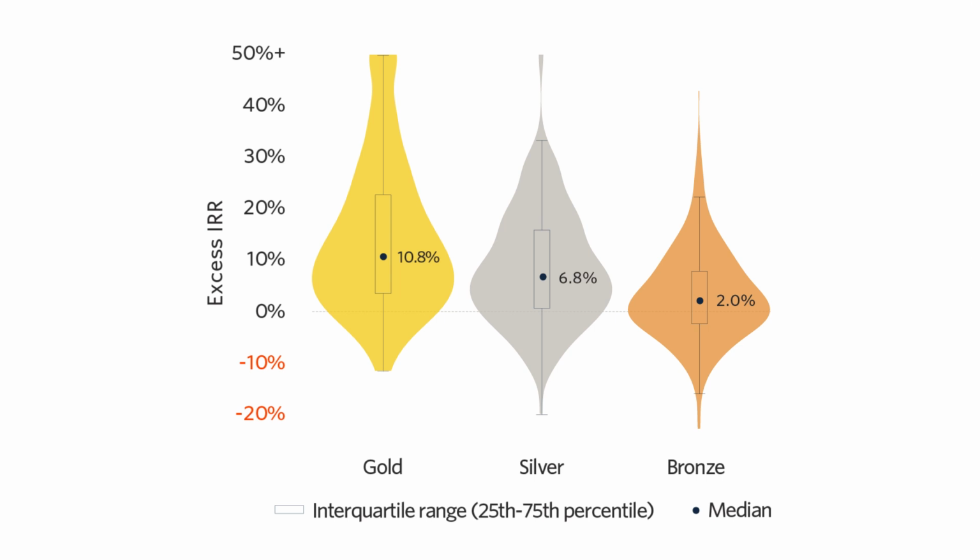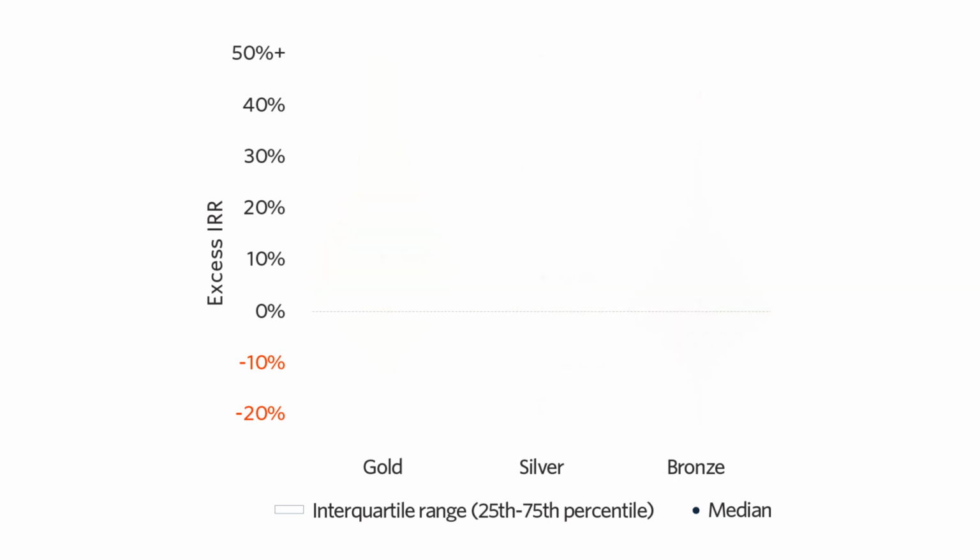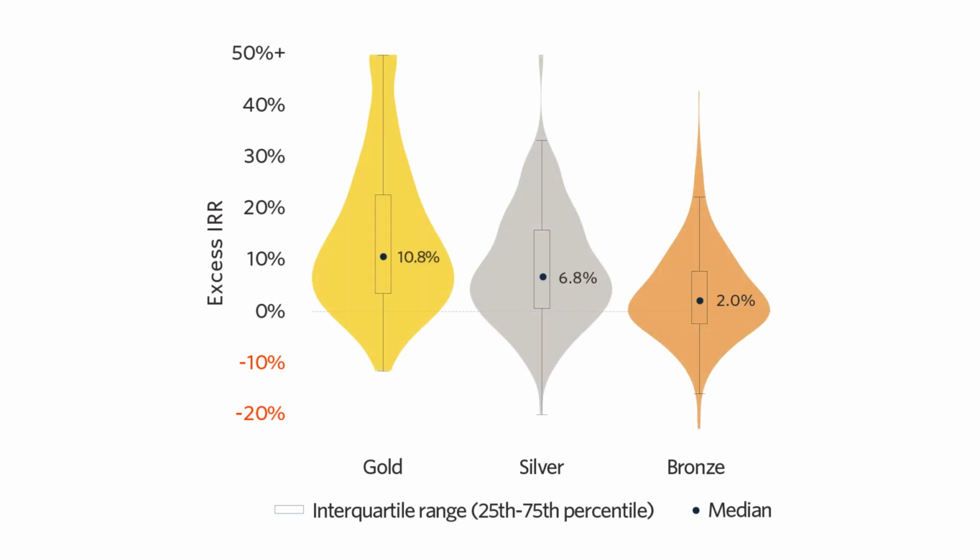To help visualize this, the chart you're seeing reflects the distribution of individual fund excess IRR for global buyout, broken out by badges. This shows the extent to which each fund has out or underperformed their broader global benchmarks. Each violin plot shows the range, density, and median excess IRR within each badge.